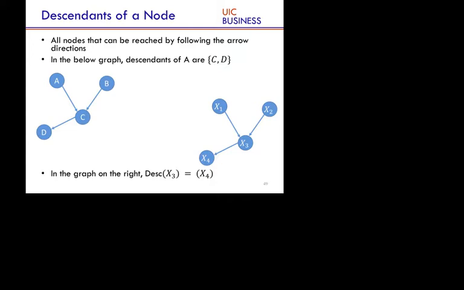So descendants is not about just one hop. Actually, even for parents, you can talk about ancestors and so on. But I guess that's why we didn't use the word children. We use descendants because you can go multi-hop. Okay. So descendants of x3 is just going to be x4. So this should be quite clear. Okay.